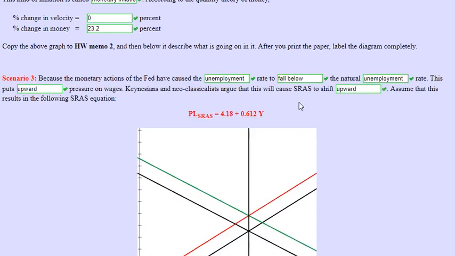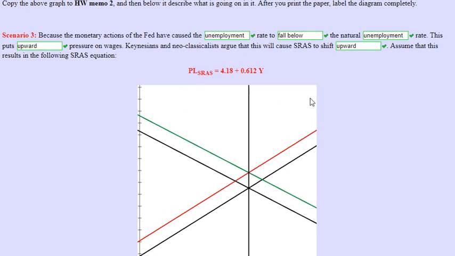There we go. Okay, so because of this situation where unemployment is too low, it fell below the natural rate of unemployment. That puts upward pressure on wages because unemployment is really, really low, and firms don't have a lot of choices when it comes to expanding its operations by hiring more employees.